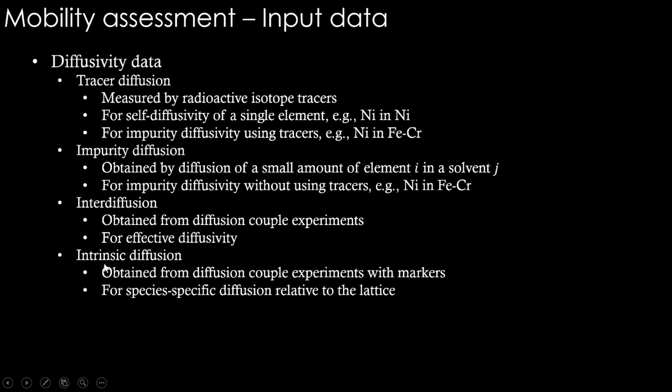So that is called intrinsic diffusivity. So these are different terms: the intrinsic diffusivity, effective diffusivity, impurity diffusivity, and self diffusivity. Different terms are used. They all mean different things. All of them can be input data for mobility assessment, and concentration profile data can also be directly used.